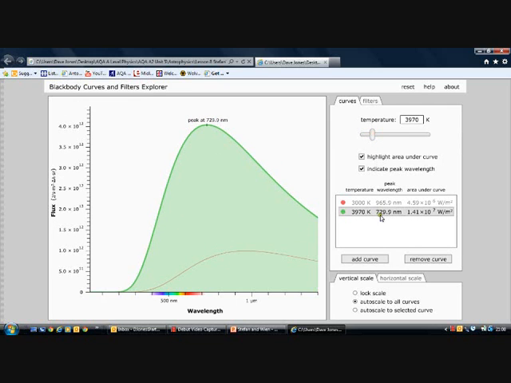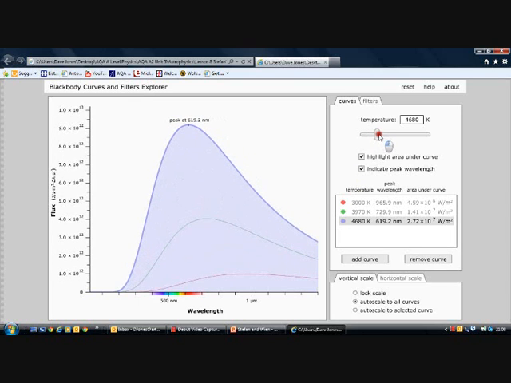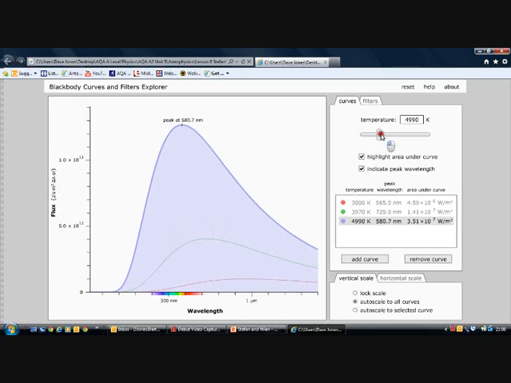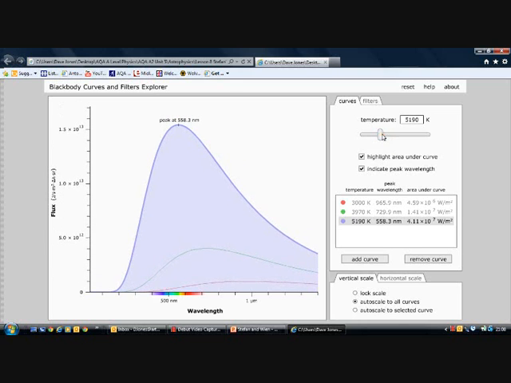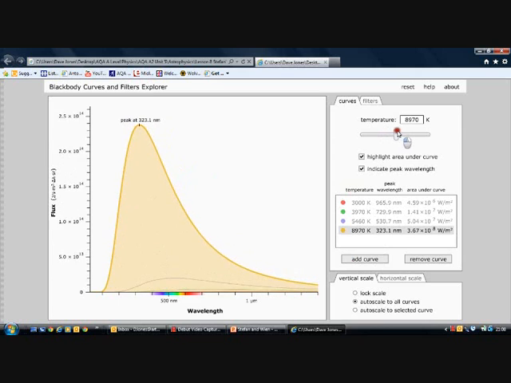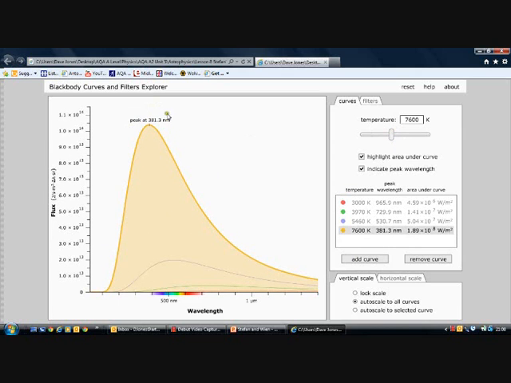As we go hotter and hotter, the peak gets shorter and shorter, so this star is starting to peak inside the visible spectrum. If we get even hotter, then we're peaking somewhere around the middle of the visible spectrum. So here's the Sun, somewhere around 5,500 Kelvin. If we get a very hot star, then we start to peak over into the ultraviolet, and you'll notice these stars are giving off more energy at every wavelength.